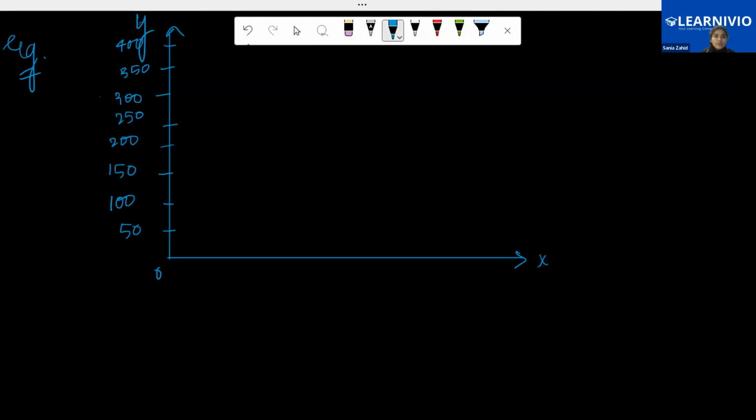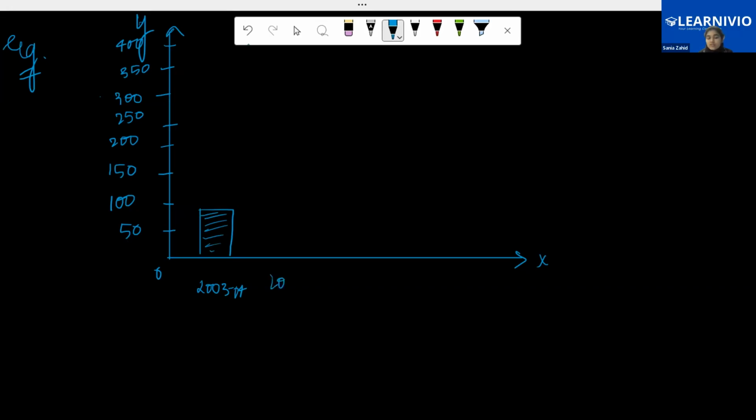Now, for example, in the year 2003 to 2004, in this session, I had 100 students in my class. So I will make a bar up till 100. This bar represents that in 2003 to 4, the number of students in standard 8 was 100.